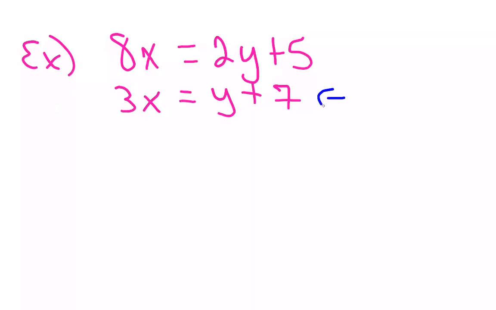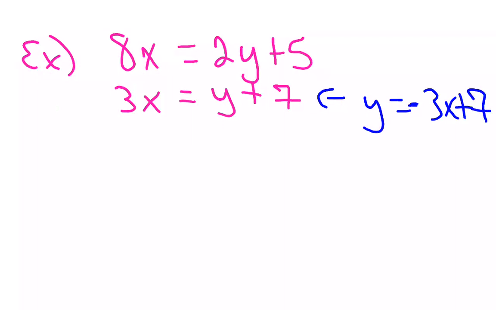I'm going to look at this bottom one. So sometimes after doing a bunch of these, you start to see hints that make it a little easier. Because I have one of the variables, in this case y, by itself, there's no coefficient in the front, I'm going to solve for y. So in this case it would be y equals negative 3x plus 7.